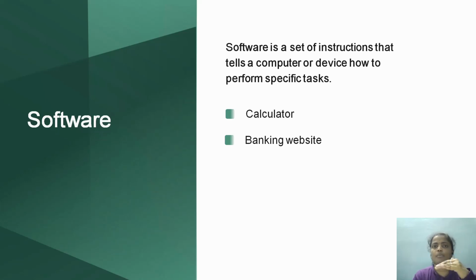It has a set of programs, a set of instructions, which is executed to perform certain specific tasks. Similarly, the banking website also has a lot of functionalities. These functionalities are either used on the mobile phone or on your laptop based on the device that you select, but it has a lot of opportunities when compared to the calculator. But these two are software.